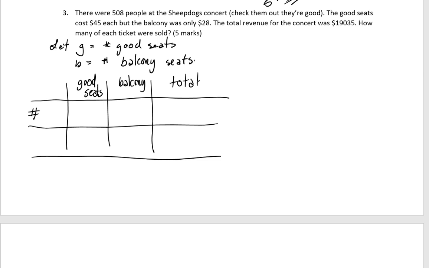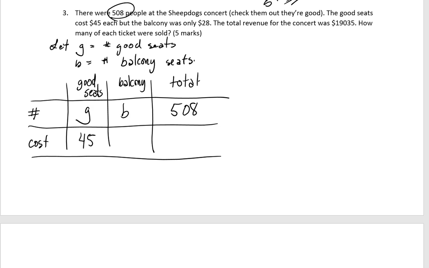So good seats we don't know. We're going to call that G. Balcony we're going to call B. But it said that they sold a total of 508. And here we have the cost per seat. So we had $45 for the good seats.